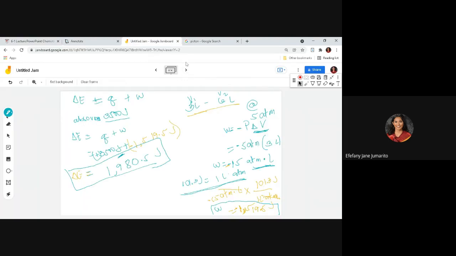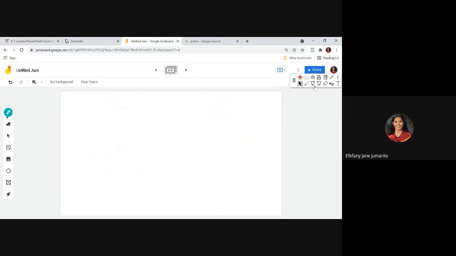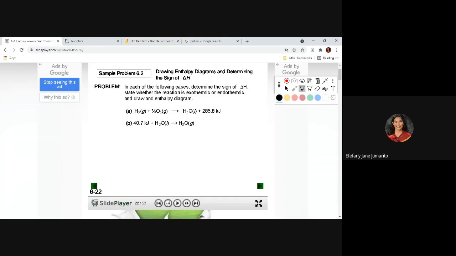Now, enthalpy delta H is equal to, what's the formula again?